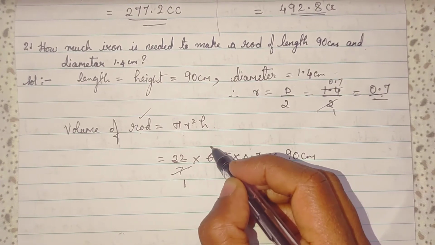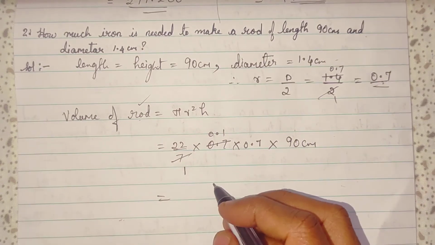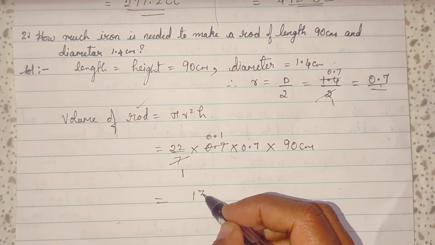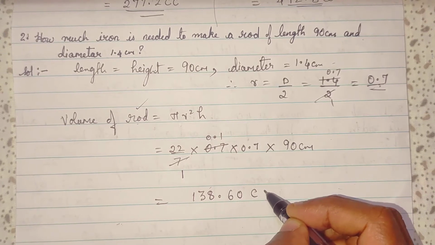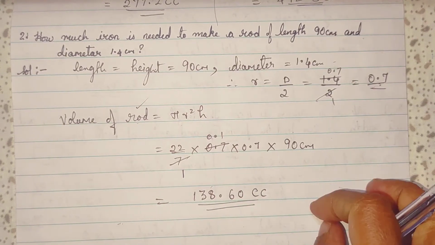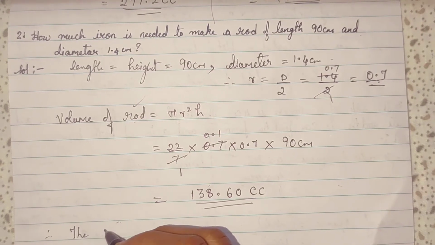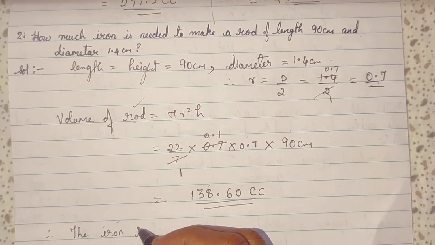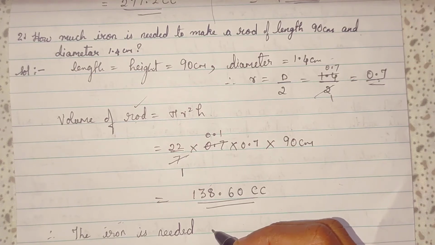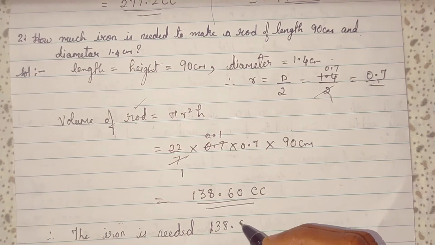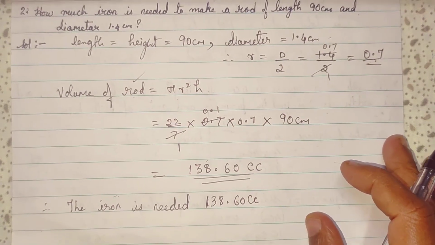So 7 ones are 7 ones are. After multiplying we will get 138.60 centimeter. Okay. So therefore the iron needed is 138.60 cubic centimeter. Okay.